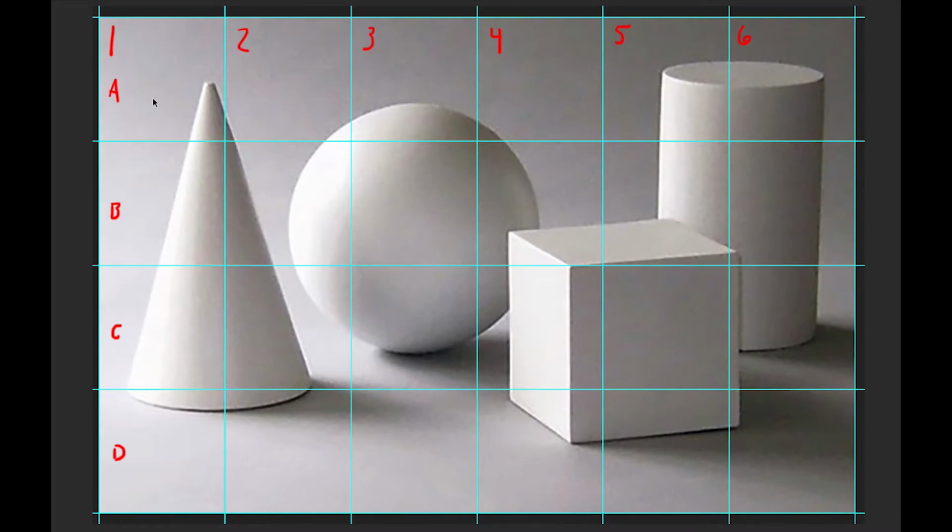So if I have square 1A, all I'm doing is really lightly sketching just that shape. I try to see it in this whole square, like where is it? It's over here. So then I look at this square and I go, oh, there's just a teeny triangle there and a little bit of that ball right there. And I draw it really lightly.